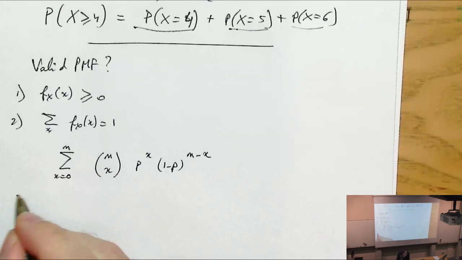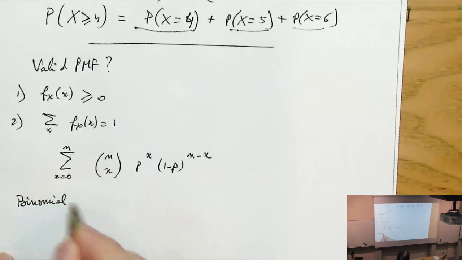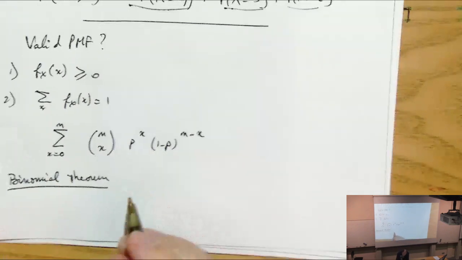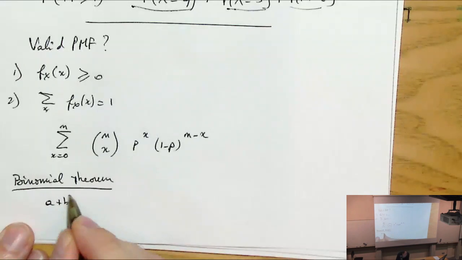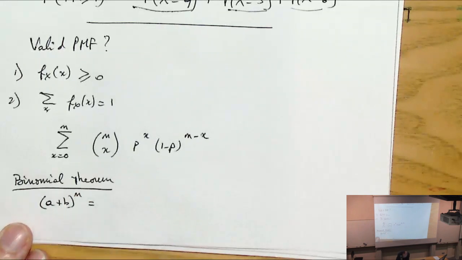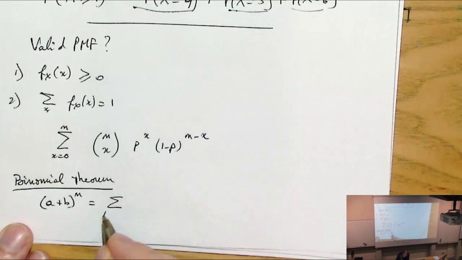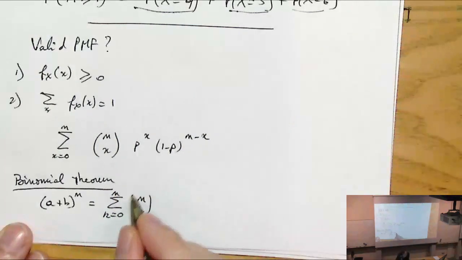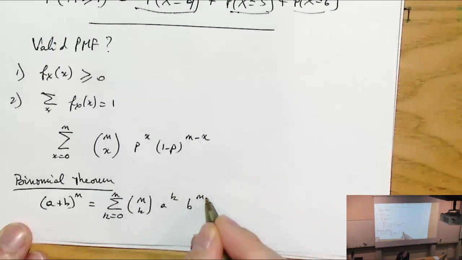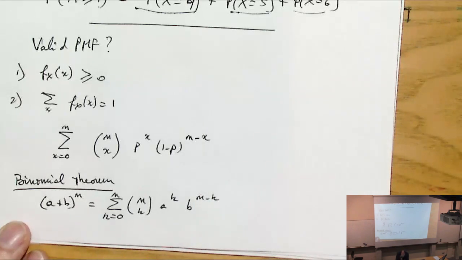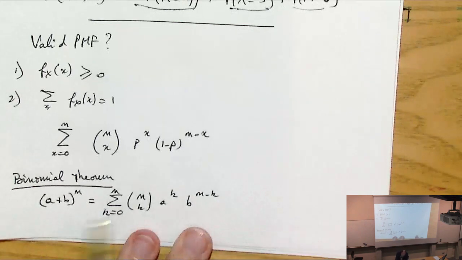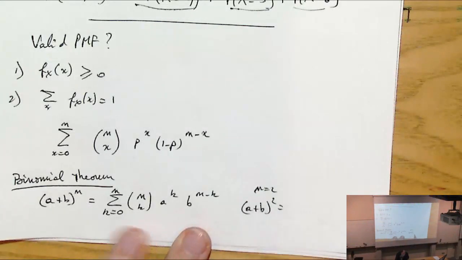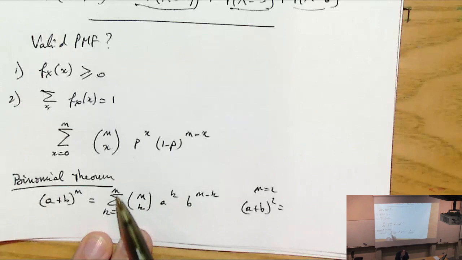Well, we have something that is called the binomial theorem. The binomial theorem says that if you have two quantities a plus b, and you take the power n, this is a sum from k equals 0 all the way to n of n choose k, a to the k, b to the n minus k. You may not know this in general, but you know it for n equal to 2: a plus b squared is a sum over 3 different values.